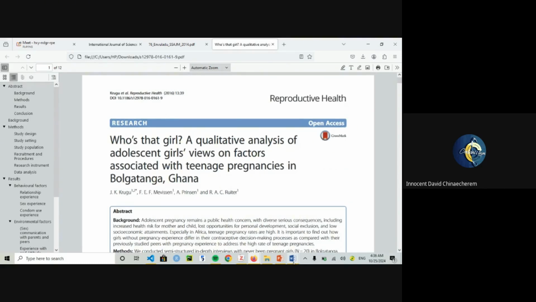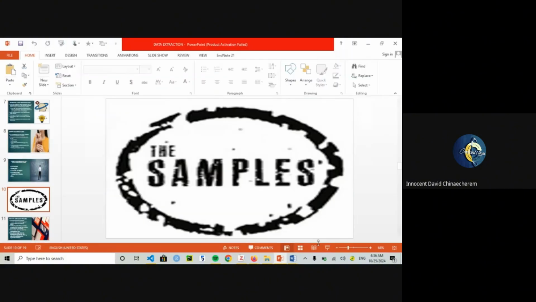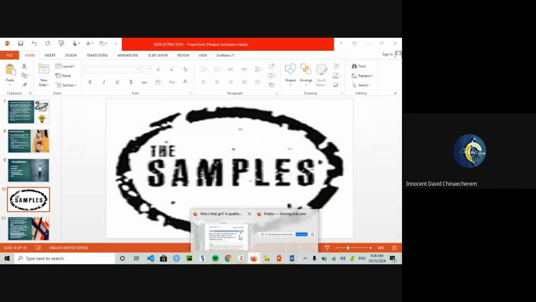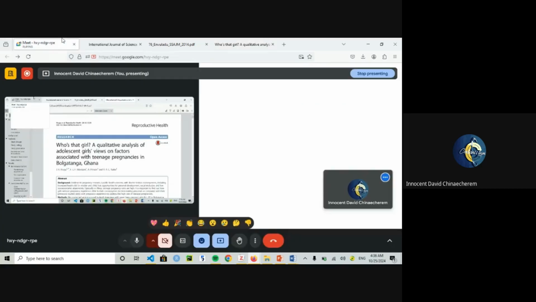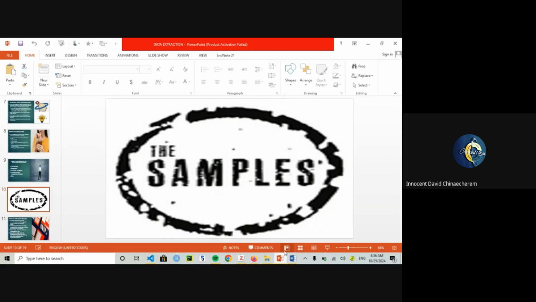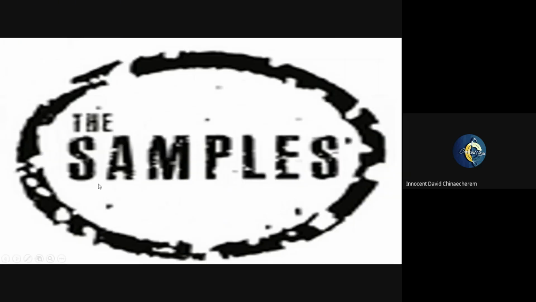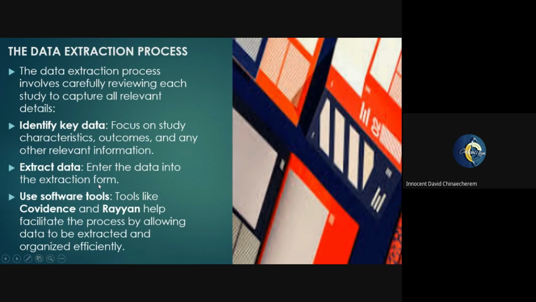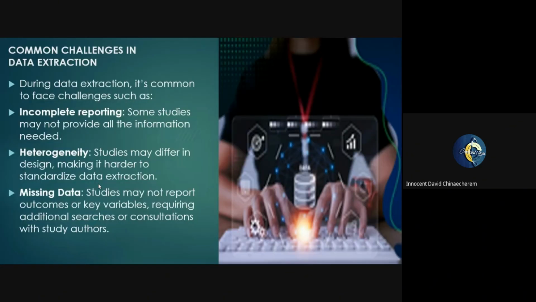So now, having done that, what are some of the common challenges that we face in our data extraction?